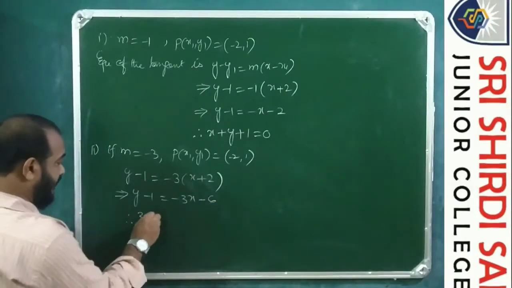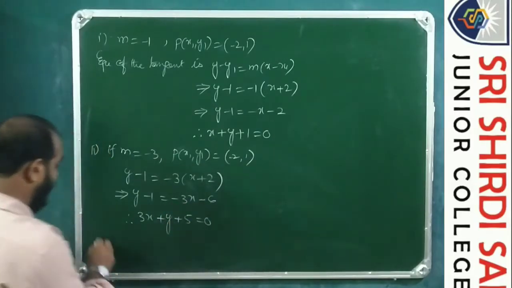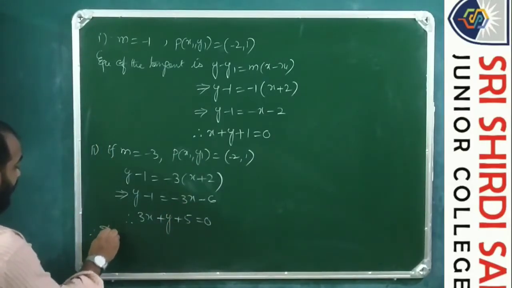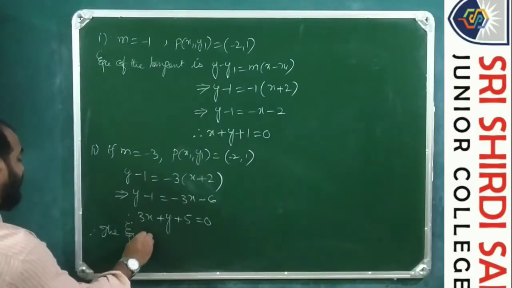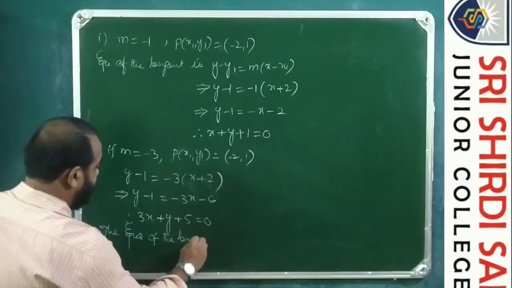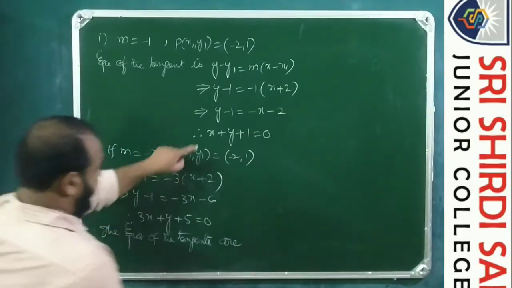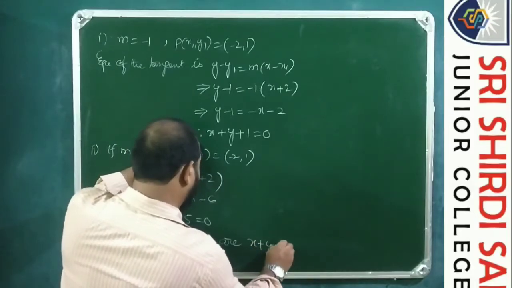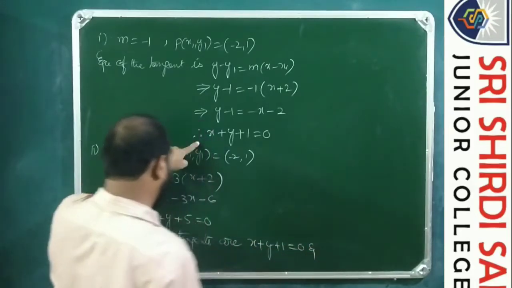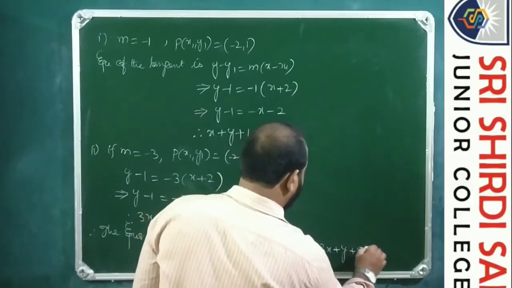Therefore 3x + y + 5 = 0. Therefore the equations of the tangents are x + y + 1 = 0 and 3x + y + 5 = 0.